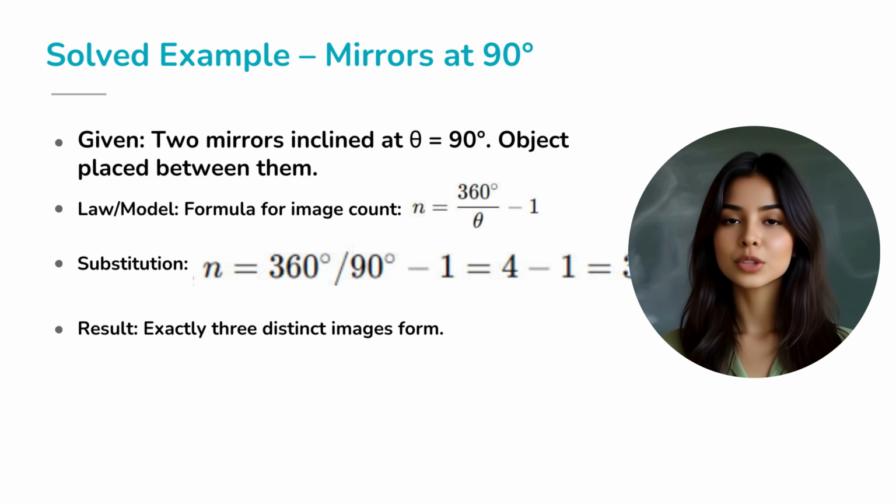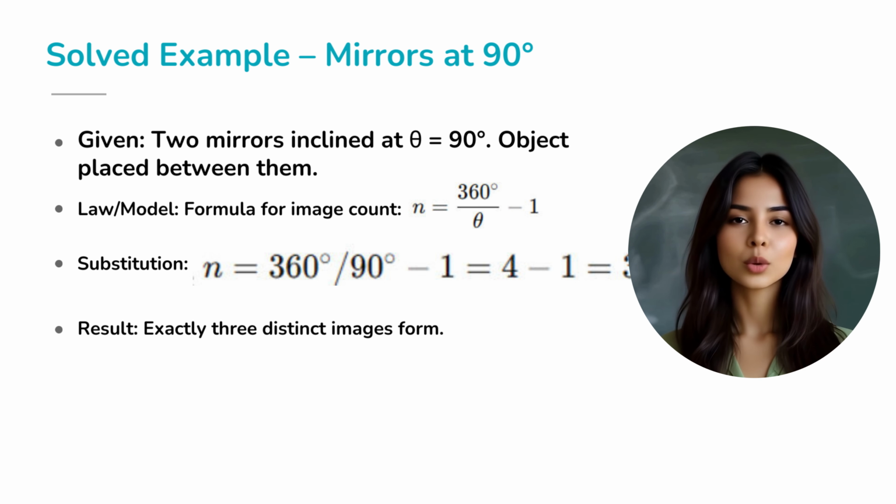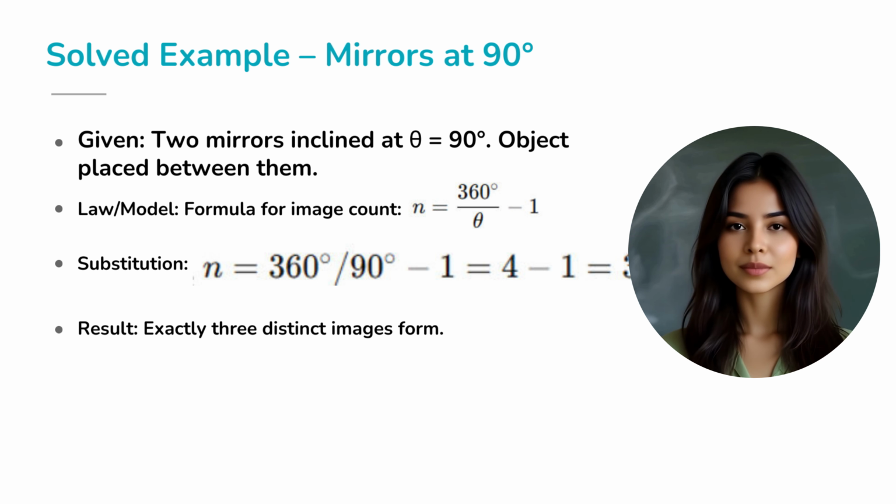So n equals 360 divided by 90 minus 1. That is 4 minus 1 equals 3. Result: the number of distinct images is exactly 3. Notice how both the formula and ray diagram give the same answer. That's physics, consistency between math and experiment.